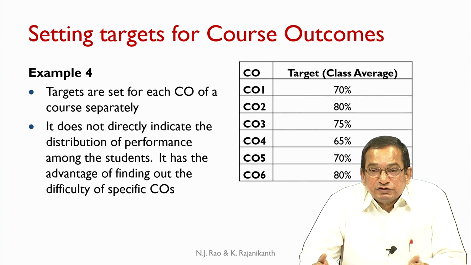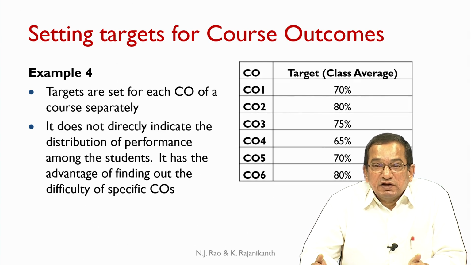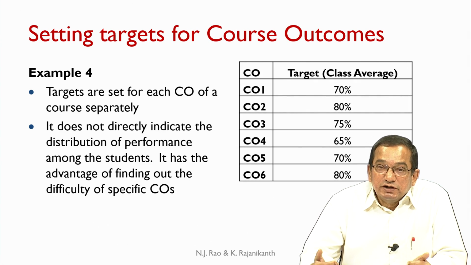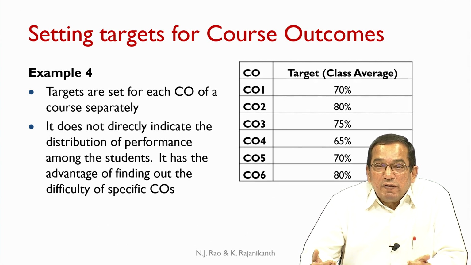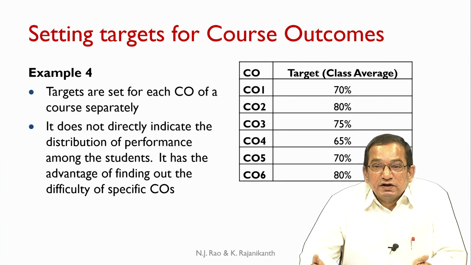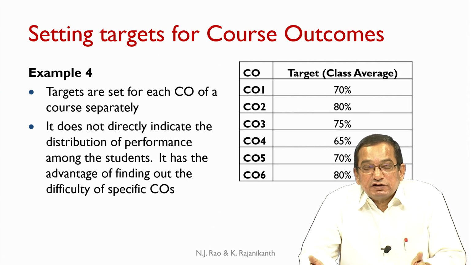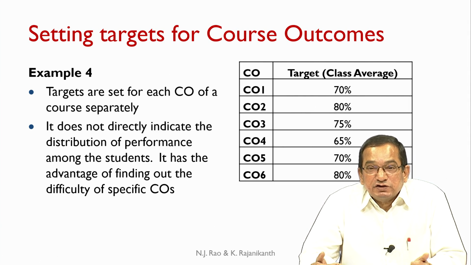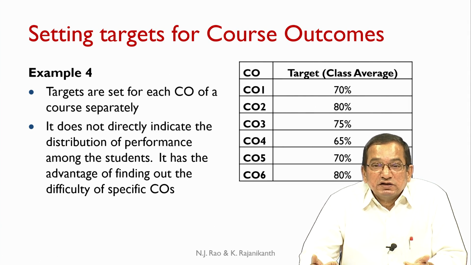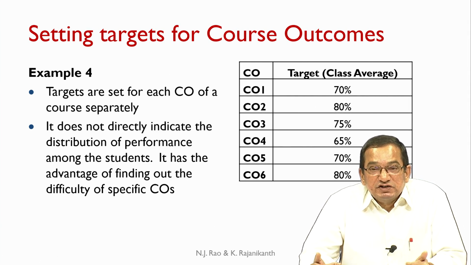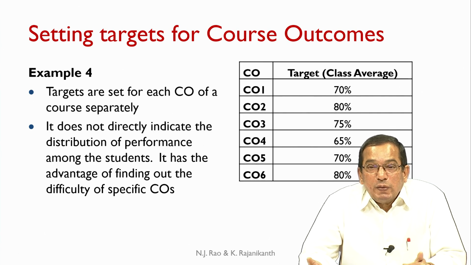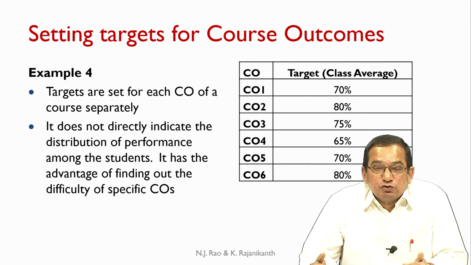Which are the COs where the attainment levels are substantially lower than the targets, or which are the COs where the attainment levels are close to the targets or exceed the targets? This will give an indication to the instructor on the COs regarding which the focus has to be more next time we deliver the course.